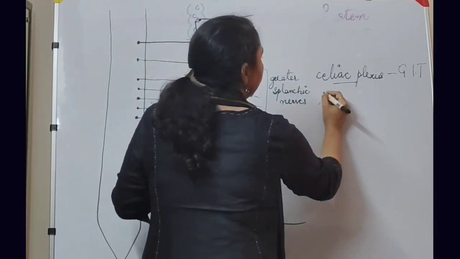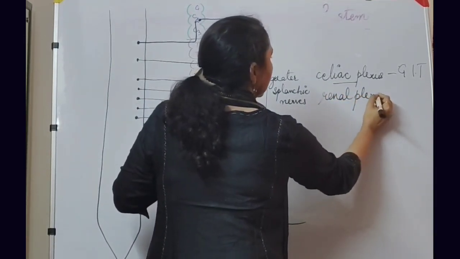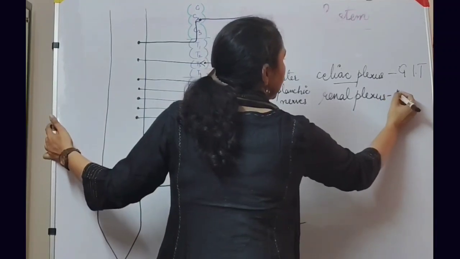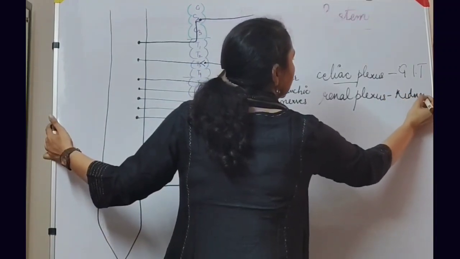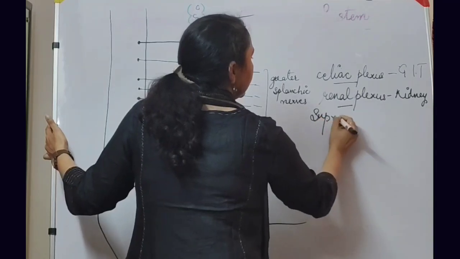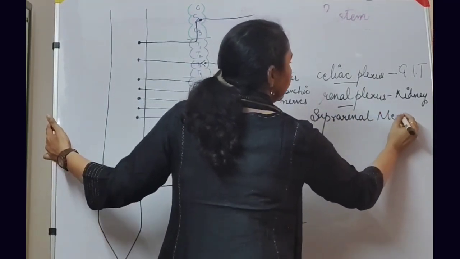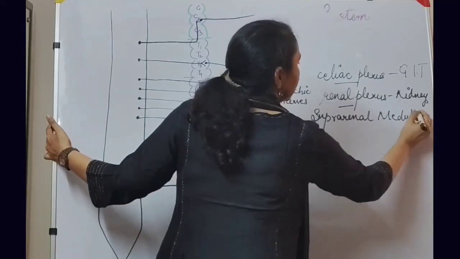They will relay in a renal plexus and will supply the kidneys, and they will directly supply the suprarenal or the adrenal medulla.